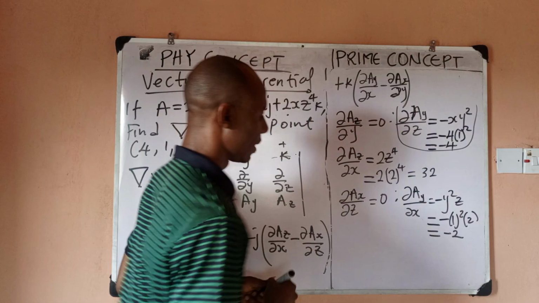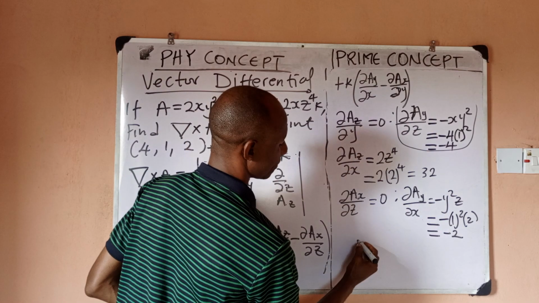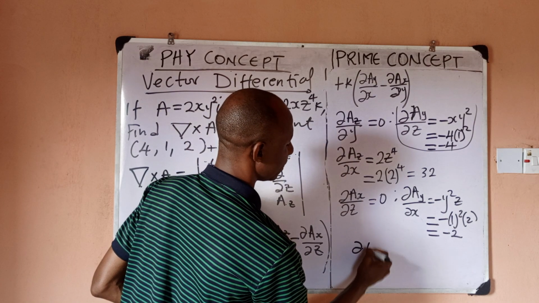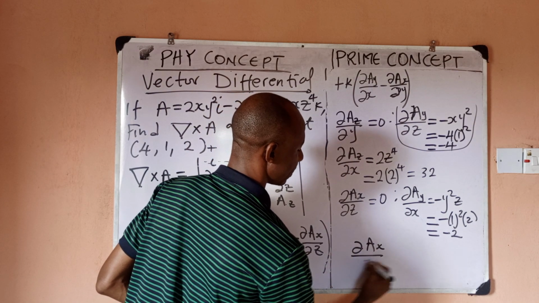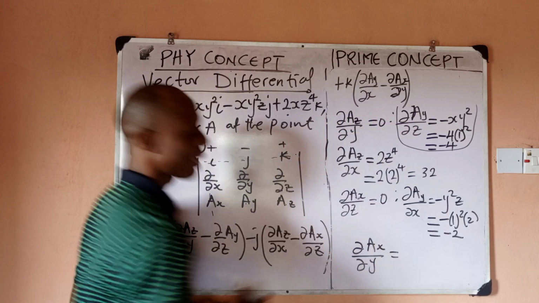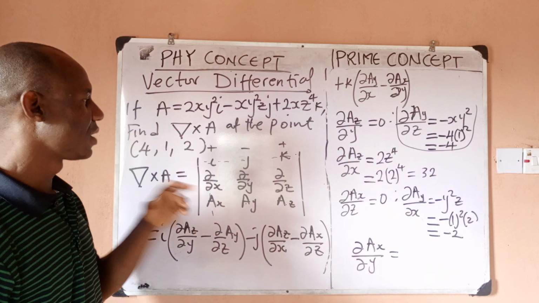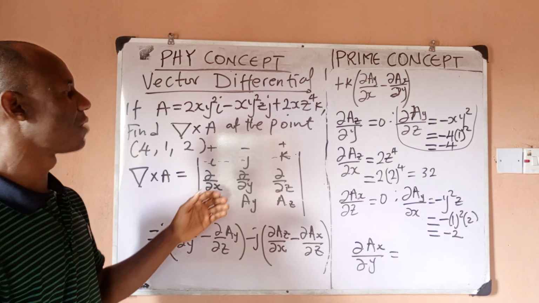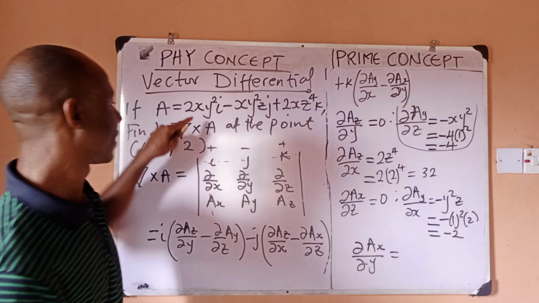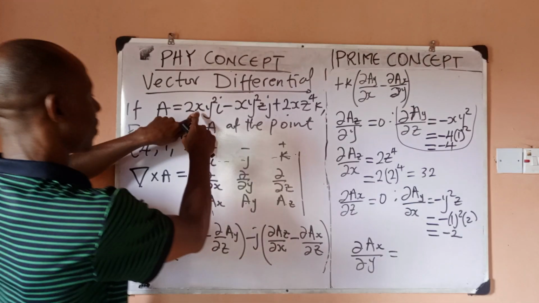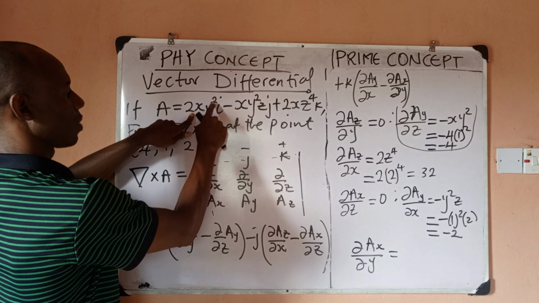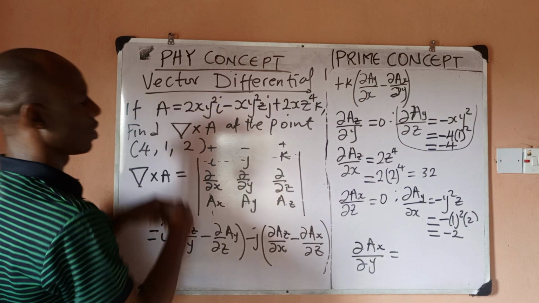So then I want to also do ∂Ax/∂y, which is the last one I'll be doing. So don't mind the work, just because of how big this looks, and I'm trying to even simplify it. So I'm differentiating Ax with respect to y. Remember this is y squared, so I'll have 2 times 2, which is 4.